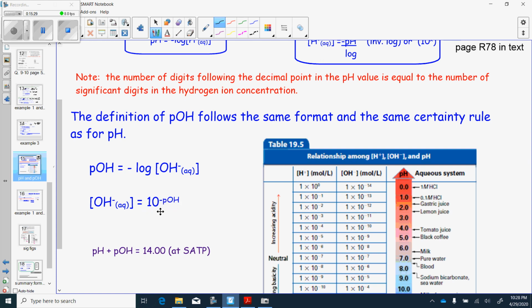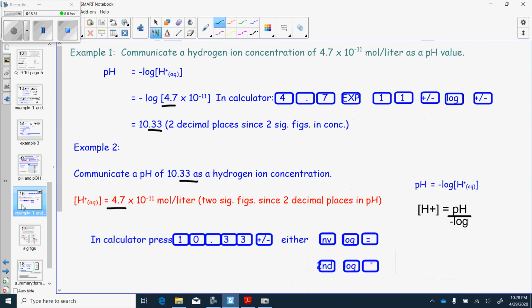So if we were doing this for our question we just did, we can also think about it as your H plus concentration equals 10 to the negative 10.33. You can also think about it that way if you want to.